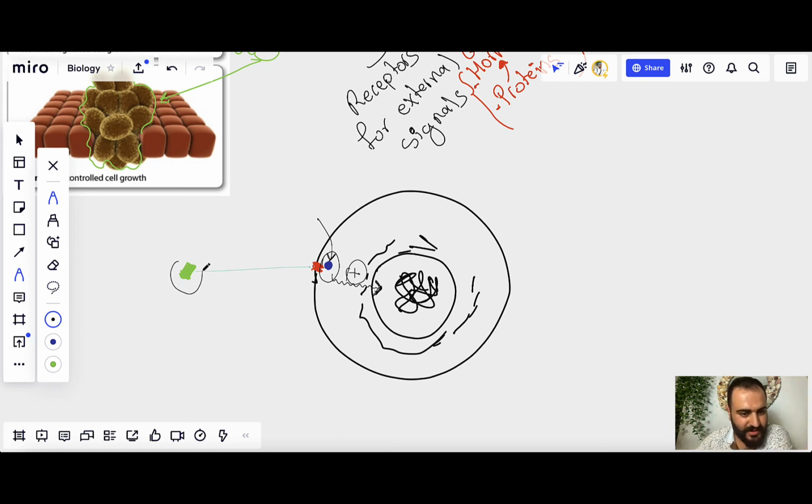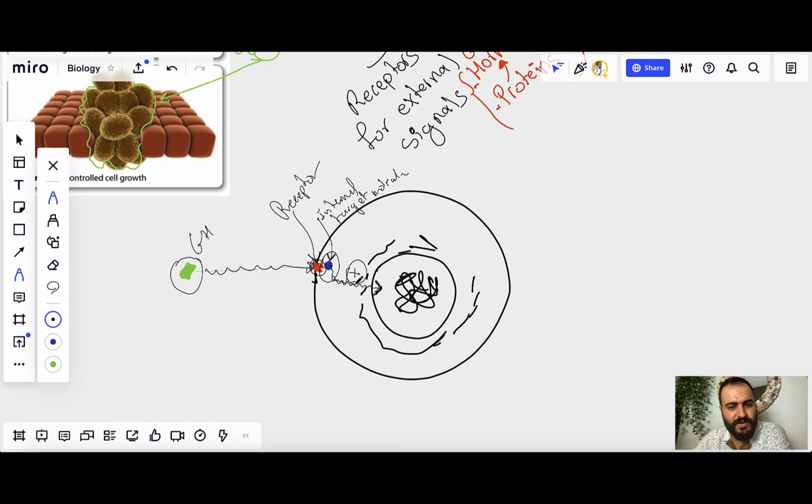So this is an external signal. It doesn't go inside the cell. It will only bind to a receptor protein. This is the receptor, and this is the growth hormone, and this here is the internal target molecule or target protein.